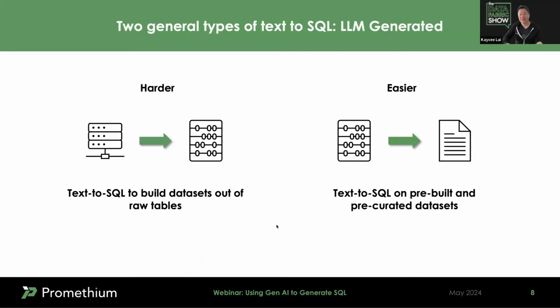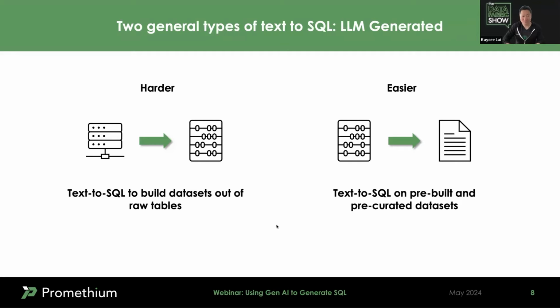And the other one is where you do the text-to-SQL off of a pre-built, pre-curated data set. So there's two types, and this matters in terms of who the consumer is, who the doer is, and the degree of difficulty.